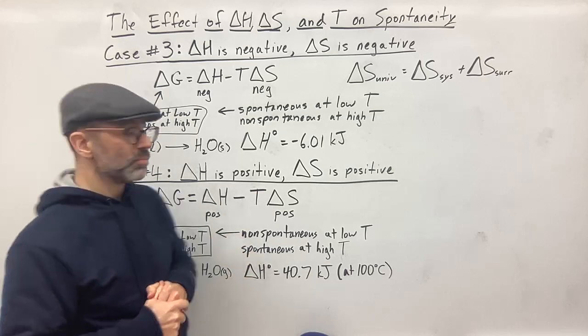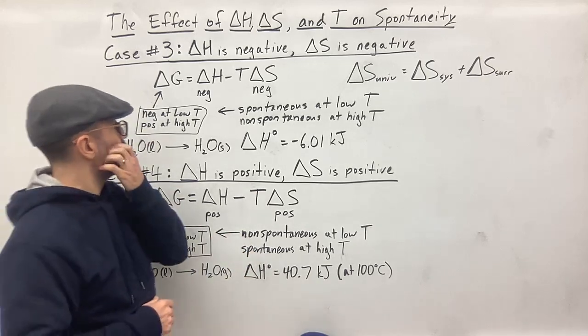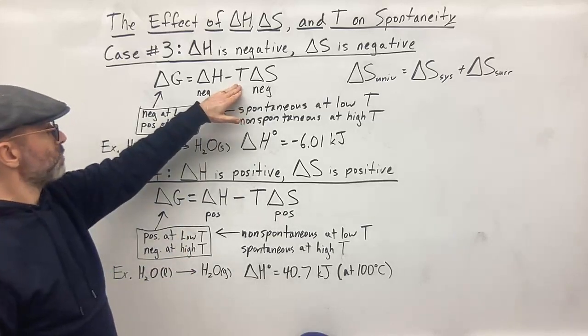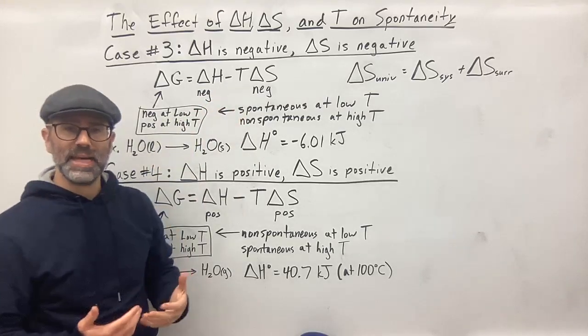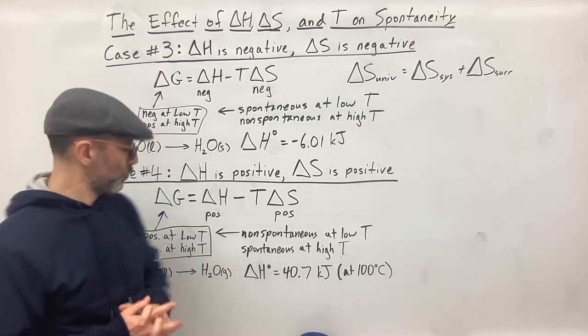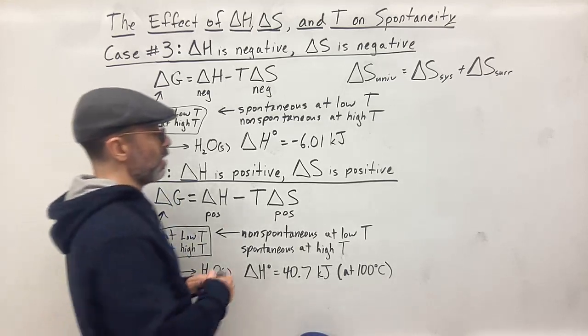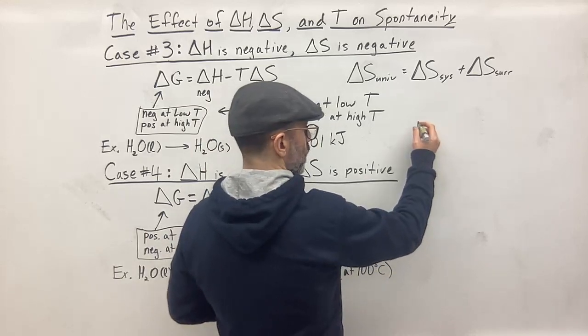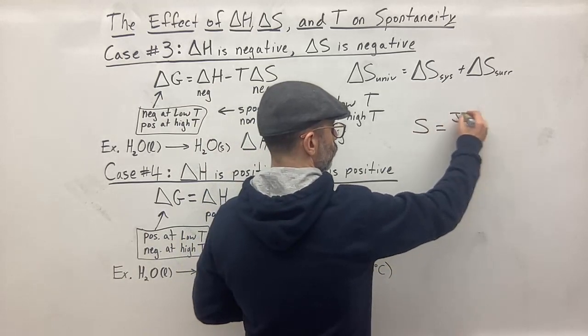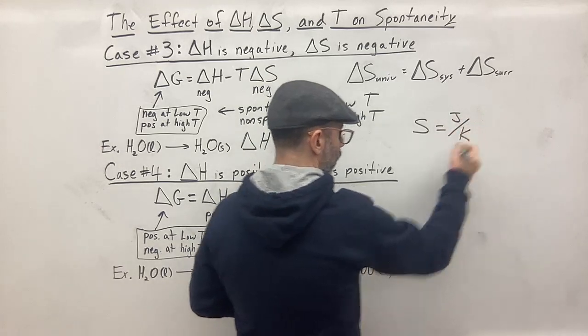And so what you want to think about here is with regard to temperature. So what happens at temperature with respect to the entropy of the surroundings? If you remember, entropy has the units of joules per Kelvin.